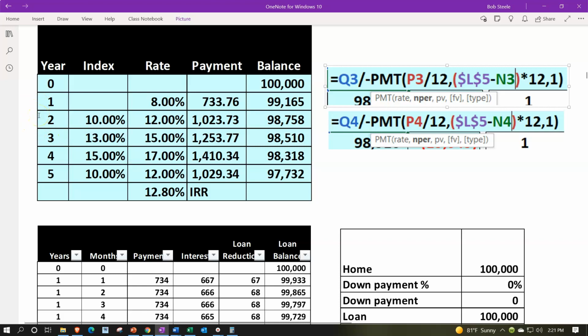So that'd be 30 minus 2 or 28. And then close up the brackets times 12 to go from years to months. And then comma, and then we just have a 1 here as the present value, giving us the 98,758. Now, if we copy that down, then again, this will calculate it without needing to go to the amortization table, although note that we do have that staggering issue that it's going to be dependent on the payment in order to calculate the ending balance.